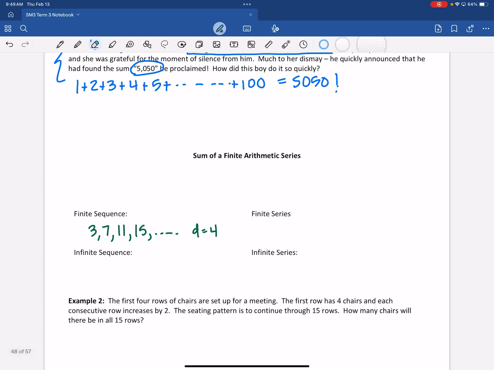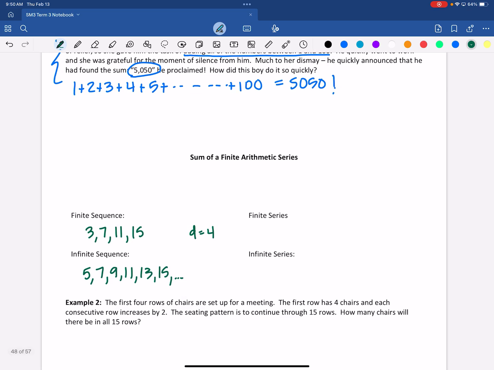But what if I have, let's do this one, 5, 7, 9, 11, 13, 15, and so on. Can you see the pattern with that one? Yeah, the common difference is 2.